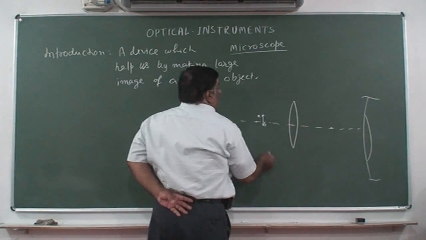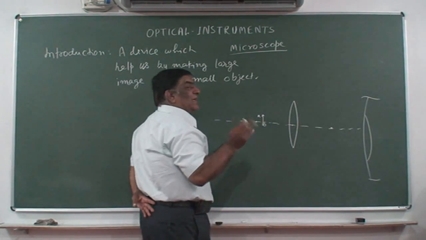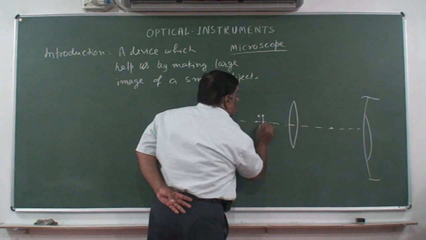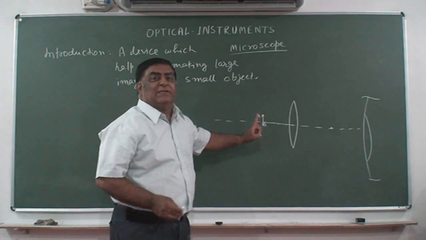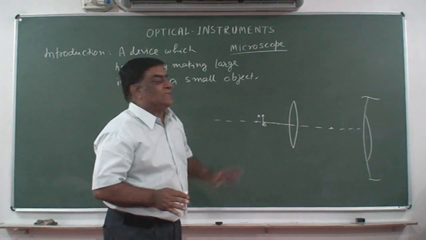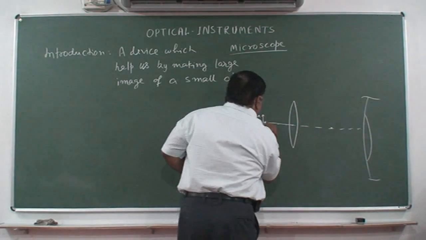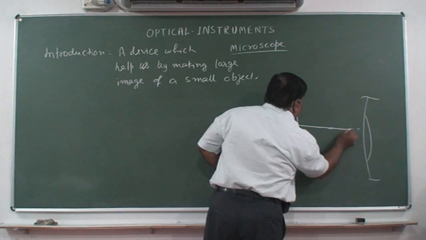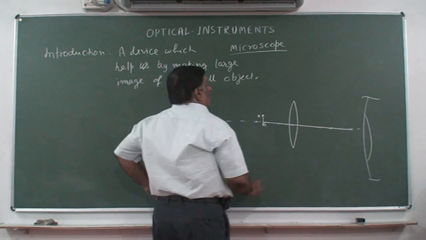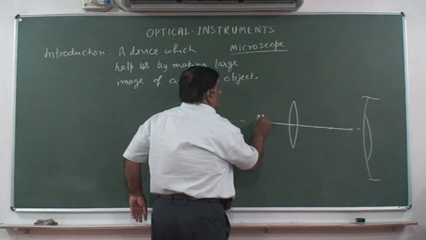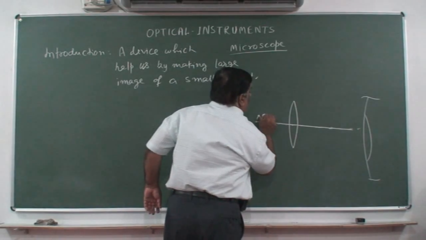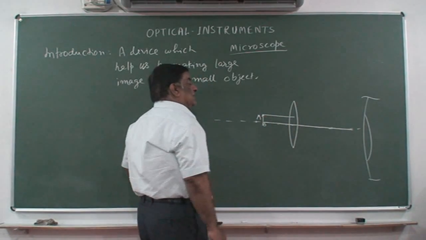Okay, this is AB. From B, there is a ray going through the optical center. The rule is that a ray going through the optical center is not deviated on any side, it goes straight. Now one ray from A goes parallel to the principal axis.